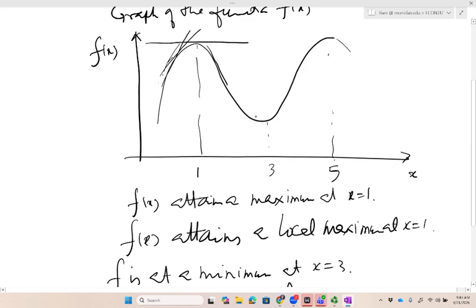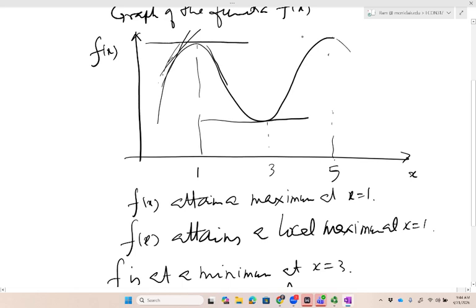And that is the situation we obtain when we claim that the function has attained a local maximum at x equal to 1. I can make a similar claim when the function attains the minimum value, that is at x equal to 3, that the slope of the tangent to the graph at x equal to 3 is again 0.